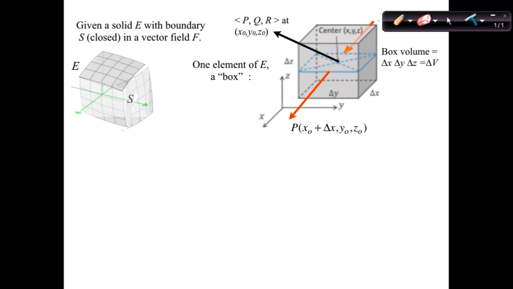The P component of the vector is in the x direction, and so across delta x of the box, you could have a change in P. So this is P of x naught, y naught, z naught at the back, and this one is P of x naught plus delta x, y naught, z naught. So there's a change in P as you change a little bit in x.